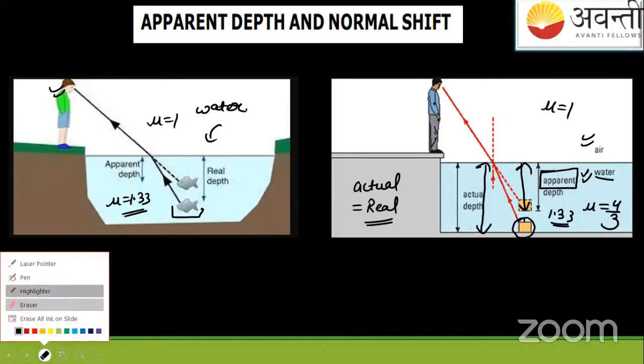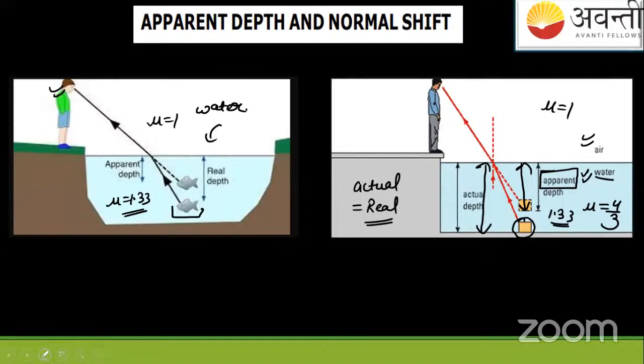Let me highlight the thing. Yellow color is fine. See, this fish is here. This ray is going from this fish, and when it meets this boundary, which is separating the medium of the water and the medium of the air, it is getting refracted like this. And when it is extended back, it meets here, which gives you a fake image, and that is the apparent depth.